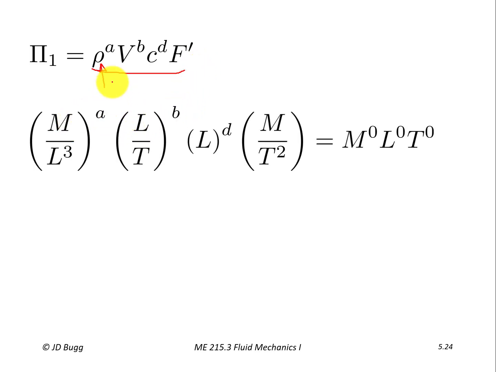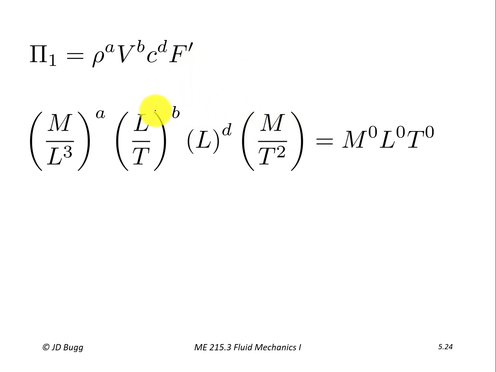So first of all, the dimensions of density is mass over length cubed, all raised to the power a. Likewise, the dimensions of velocity, length over time, all raised to the power b. The dimensions of chord length is length raised to d. The dimensions of our force per unit length, m over t squared.